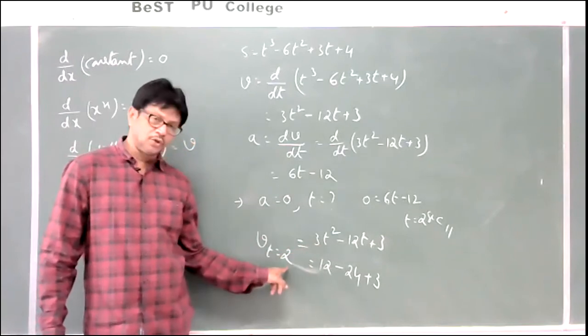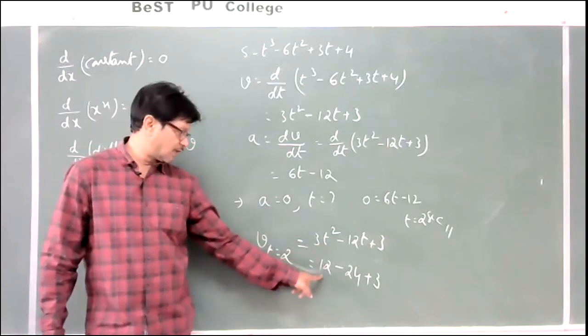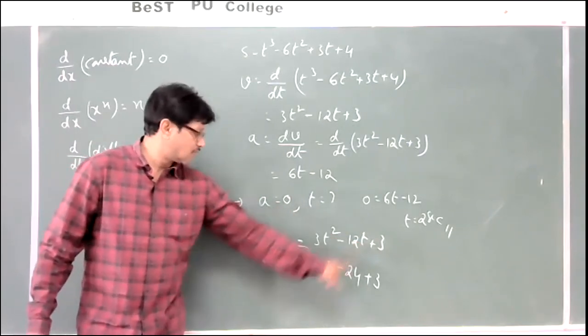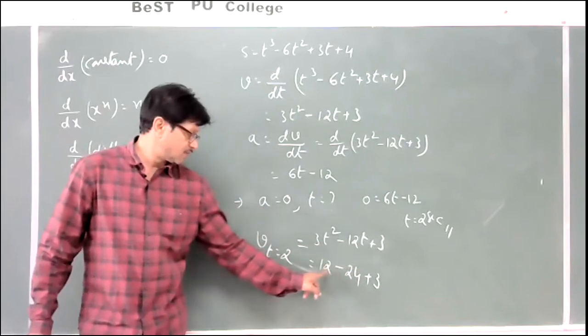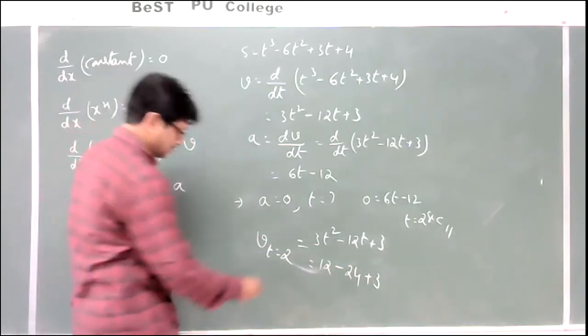So 12 minus 24 plus 3. So the answer is minus 9.